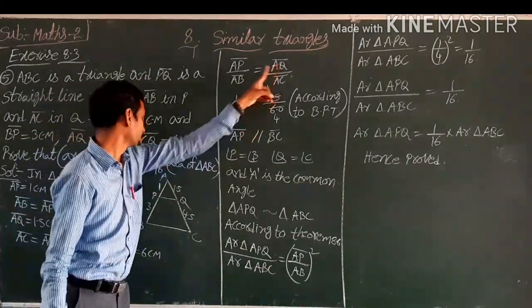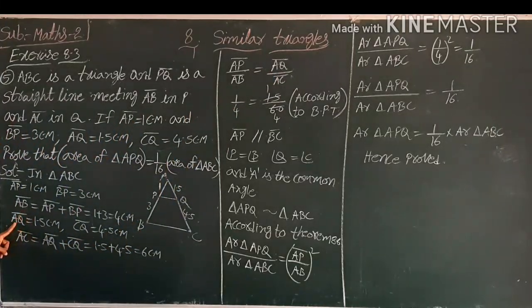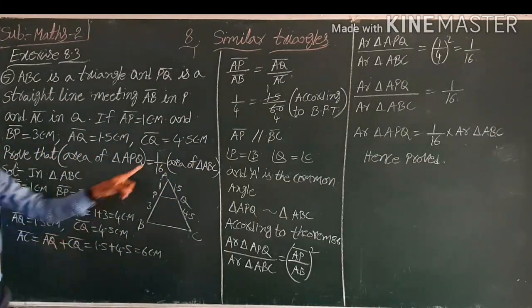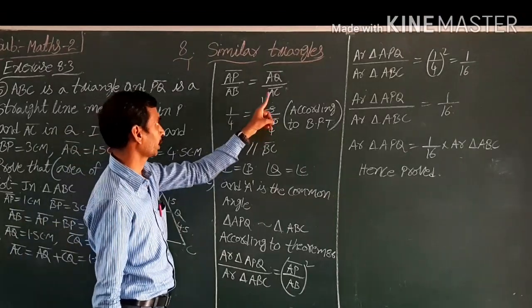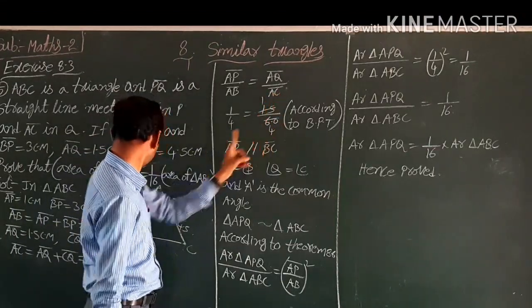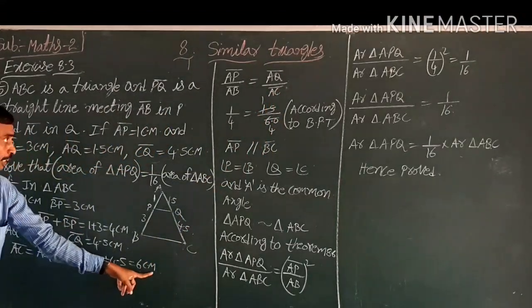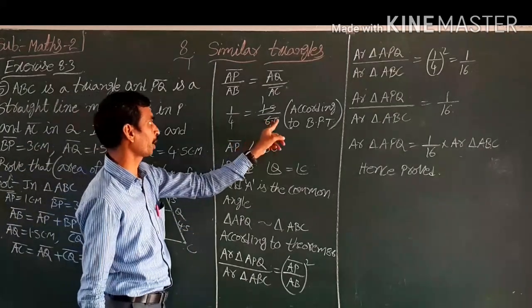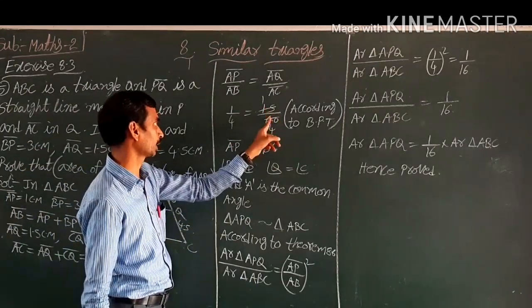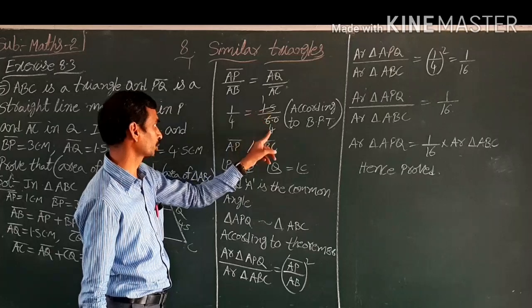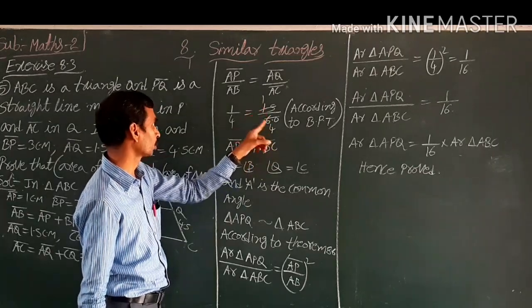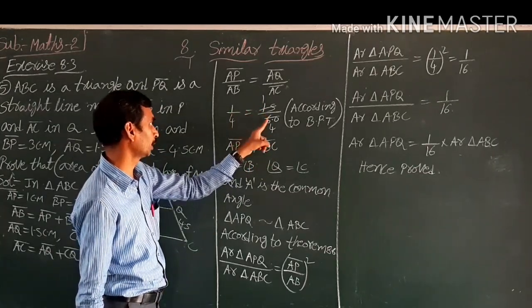Next AQ is 1.5 and AC is 6 centimeters, which you can write as 6.0. Decimal cancel, 15 by 60, which is 1 by 4. Now both ratios are equal.